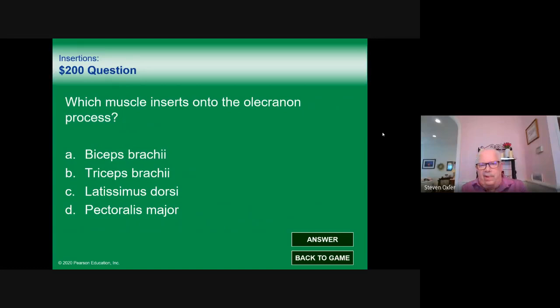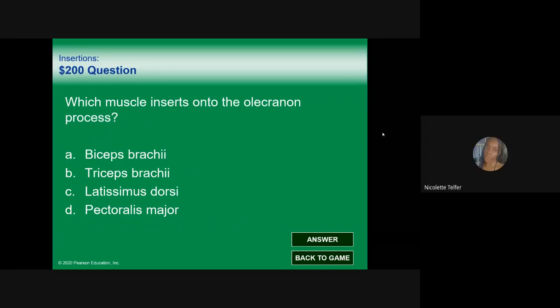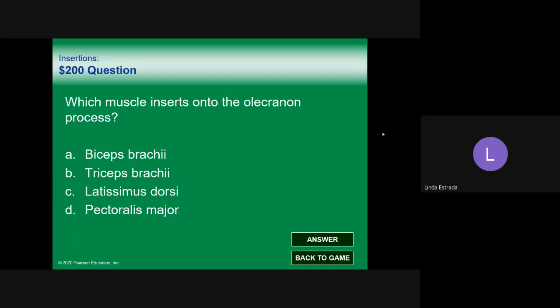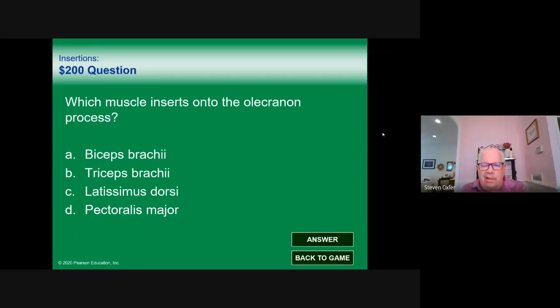Now, you don't have to know insertions or origins, but I want you to look at this question. Where is the olecranon process? It's on your elbow. So it's in the back of your arm, correct? Posteriorly, correct? What is the function of a muscle in the posterior part of your elbow?